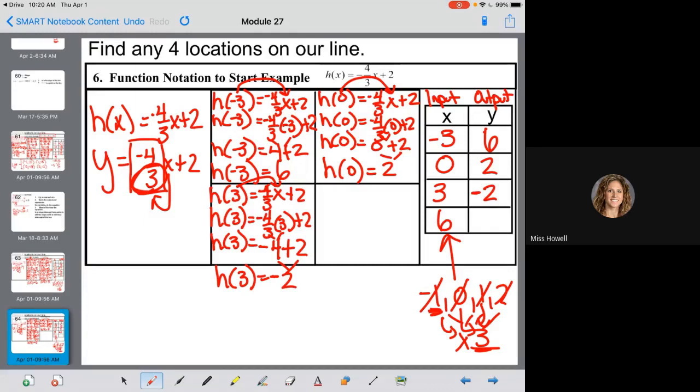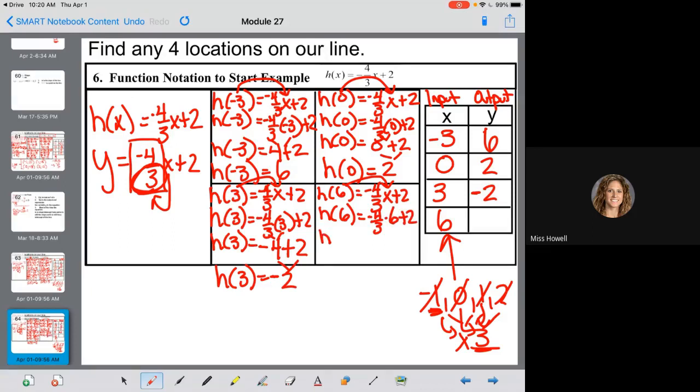All right, last one, we want to know what's h of 6, or what would be the output if our input value for x is 6. All right, so that 6 value goes in for x, and we evaluate from there. So h of 6 equals -4/3 times 6 plus 2.